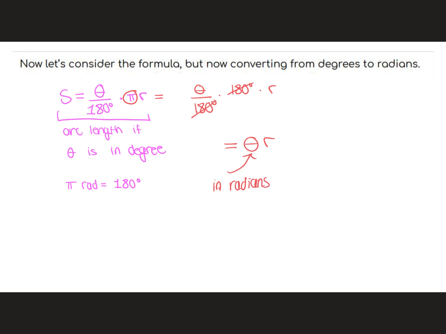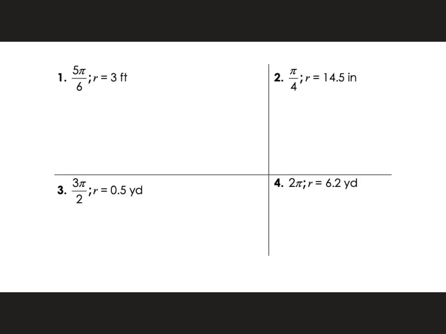Let's go ahead and use this formula a few times. Here we're going to figure out the arc length using this formula: S is r times theta, where r is the radius and theta is the central angle. For number 1, r is 3 and theta is 5 pi over 6.